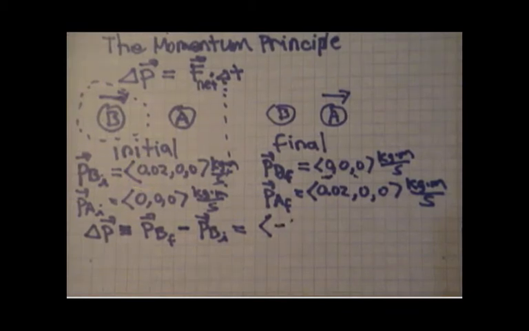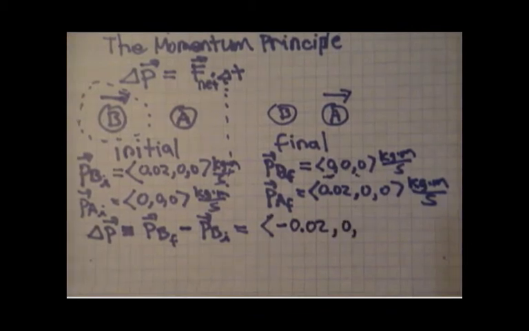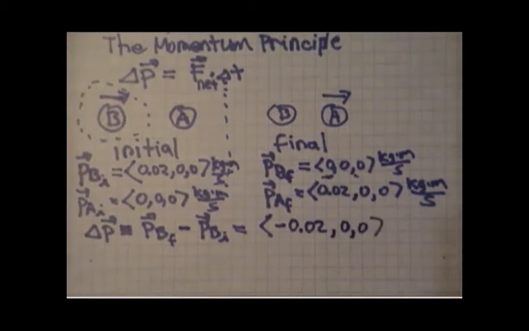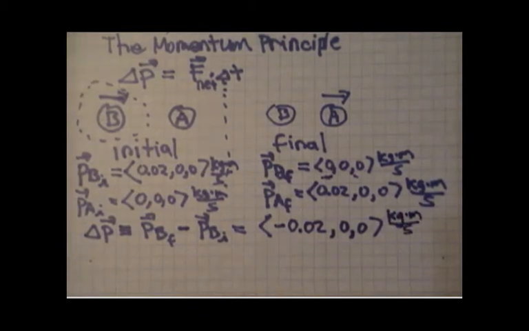So the x component of the change in momentum is negative 0.02. And then the y and the z components are both going to be 0, of course, because we're just subtracting 0 from 0, and we get 0. So the change in momentum of ball B that occurs during this collision can be written this way: minus 0.02, comma 0, comma 0 kilogram meters per second.